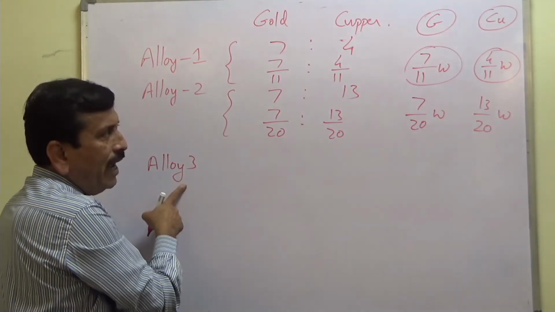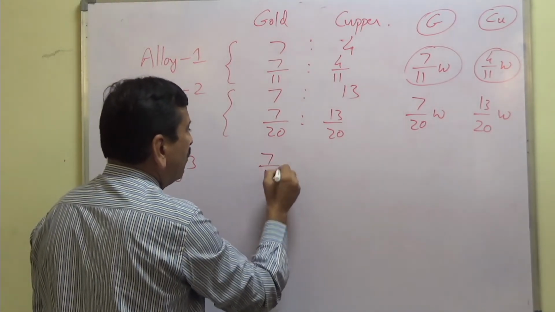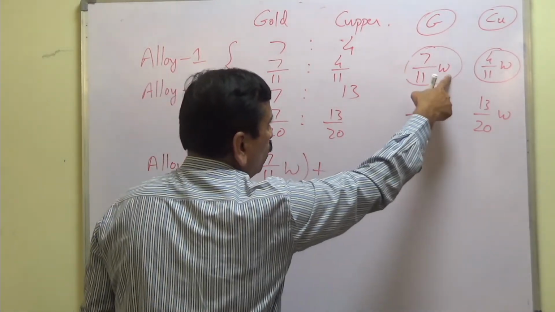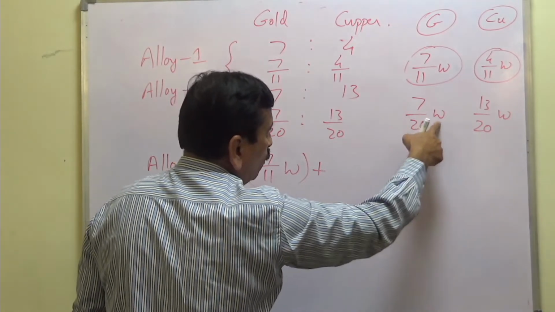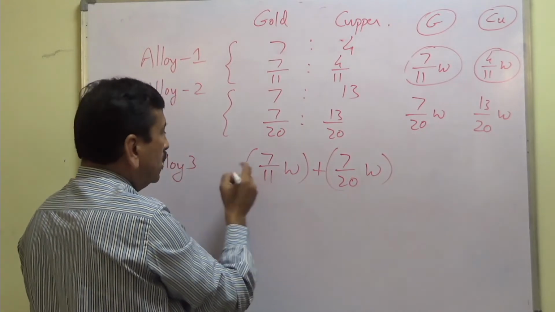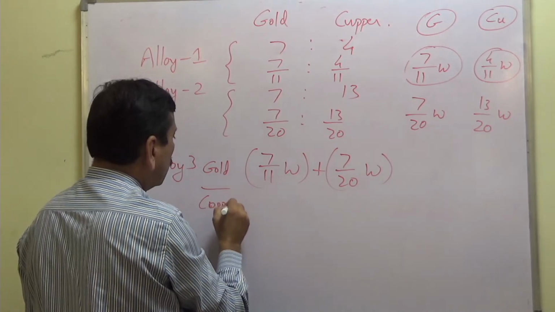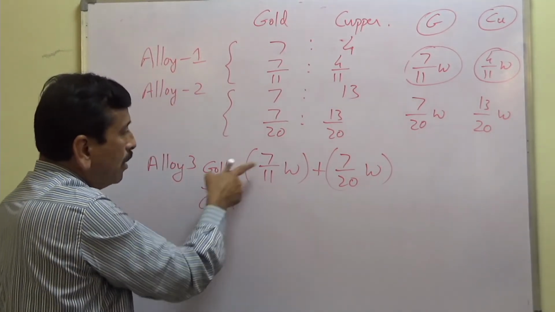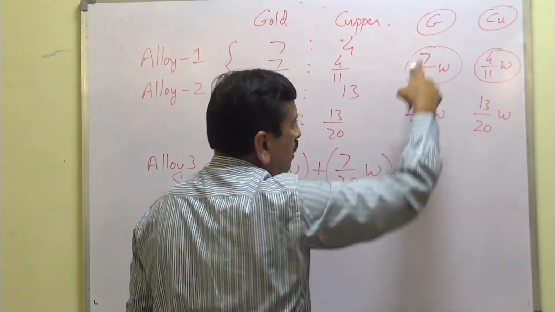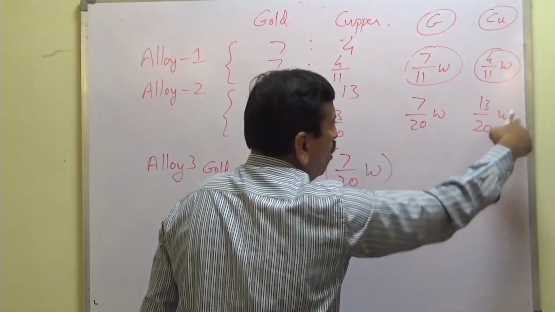Naturally, when I talk about alloy 3, how much is the gold here? Gold is 7 by 11W from alloy 1 plus 7 by 20W from alloy 2. So this will be the total gold upon copper. This is the gold from alloy 1 and this is the gold from alloy 2. This is the copper from alloy 1 and this is the copper from alloy 2.